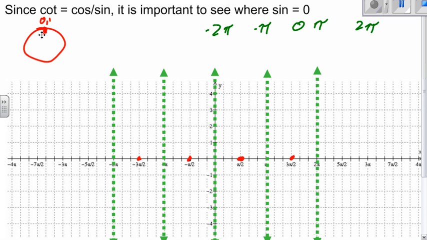And if you think about quadrant 1, from 0 to pi over 2, they're both positive, so we're going to have positive values. As we get closer to 0, we'd be going to infinity, because that's our asymptote. And also after pi over 2, cosine turns negative, sine is still positive. So we'll get negative values in quadrant 2.